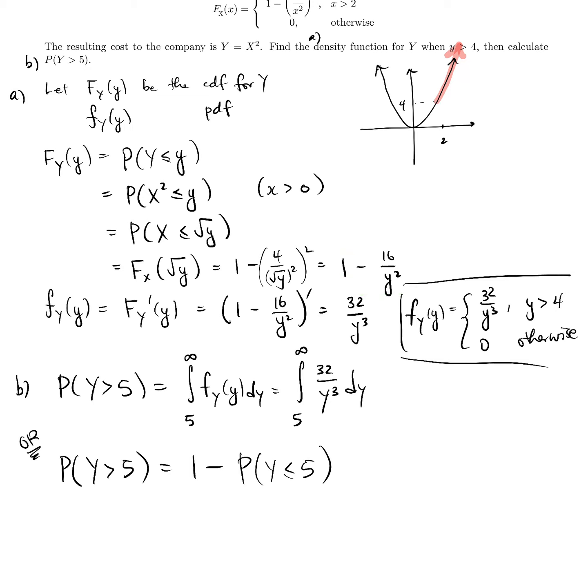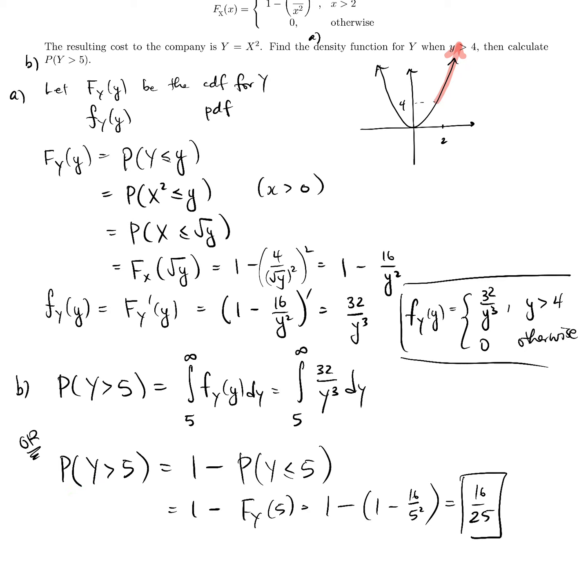So we can say this is 1 minus F sub Y of 5. F sub Y is the rule that we have right here, so 1 minus 16 over 5 squared. Those 1's are going to cancel out, and we're going to have 16 over 5 squared. 16 over 25 is the probability that Y is greater than 5.